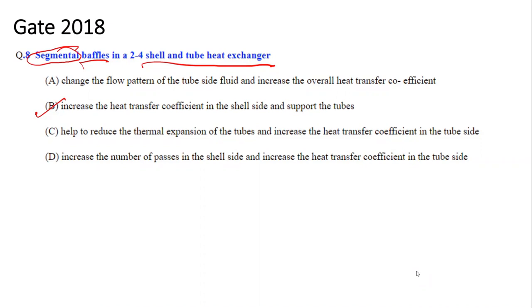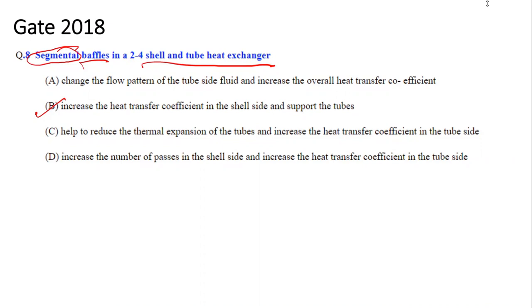Because they have some impact on the flow, they will have an impact on the heat transfer coefficient, because they are creating turbulence on the shell side. At the same time, those baffles will have holes for the tubes, right? So they will in a way be supporting the tubes as well. So the only correct option is B.